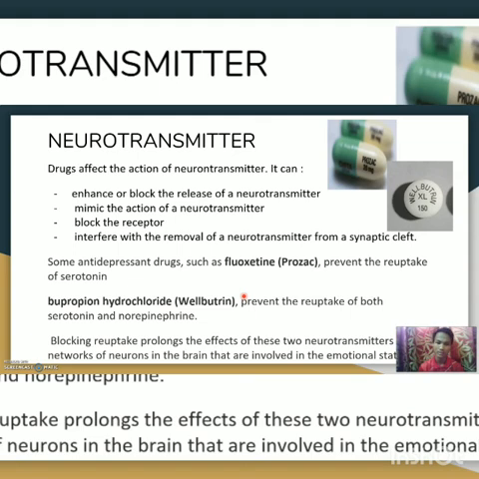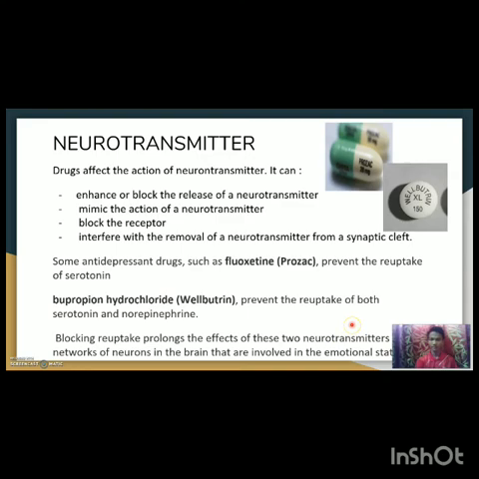Bupropion hydrochloride prevents the reuptake of both serotonin and norepinephrine. Blocking reuptake prolongs the effects of these two neurotransmitters in networks of neurons in the brain that are involved in emotional states. So moving to the next slide.